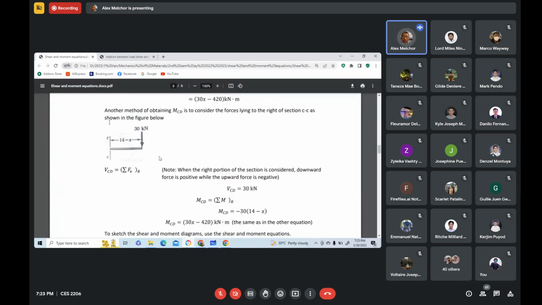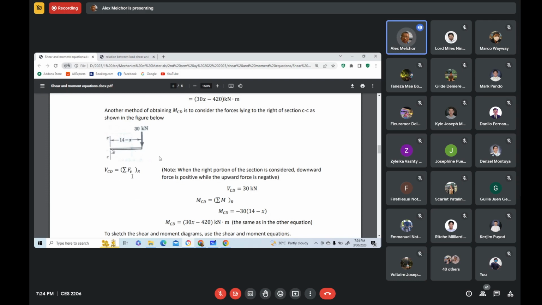When writing the shear equation, we have the shear equation for segment CD equals summation forces vertical to the right portion. That subscript capital letter R represents the right portion of that imaginary cutting plane of section CC.